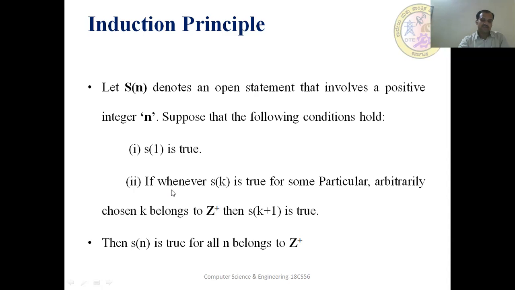Then we assume it is true for n equal to k. Then later on we prove that it is true for n equal to k plus 1. Definitely your open statement is true for all values of n belonging to the set of all positive integers.